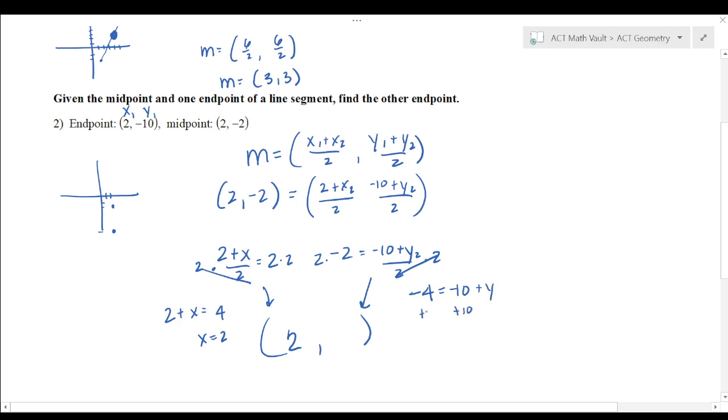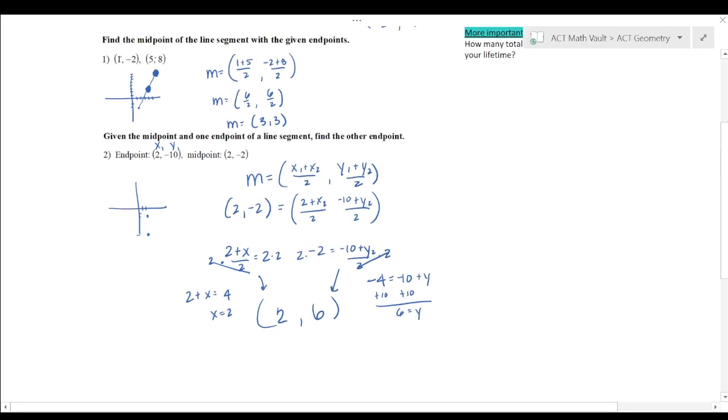I'm adding 10, I'm adding 10, that's 6 equals the y. So now I know the other endpoint, and hey, that actually makes sense, because if this is 8 units down from one to the next, isn't the other endpoint going to be 8 units up there? 2, 6 does make sense, okay?